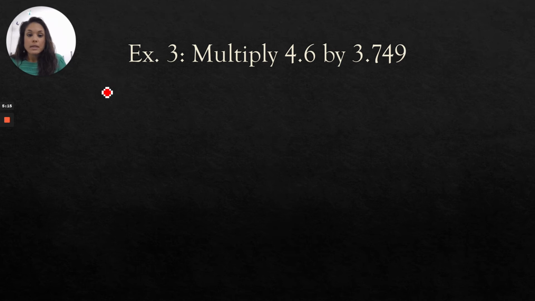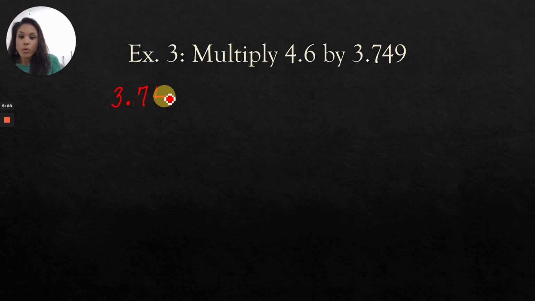4.6 times 3.749. I'm going to put my 3.749 on the top. Did you notice that I'm not lining up my decimals like I did in addition and subtraction?